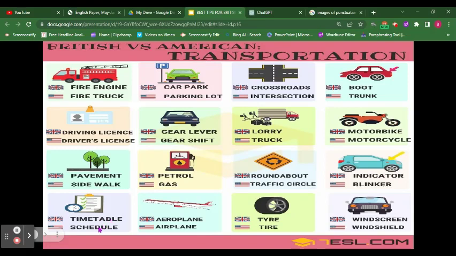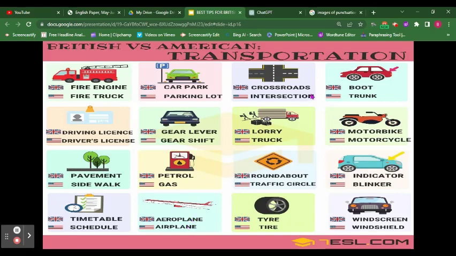Timetable, British, schedule, American. Car park, British, parking lot, American. Gear lever, British, gear shift, American. Petrol, British, gas, American.